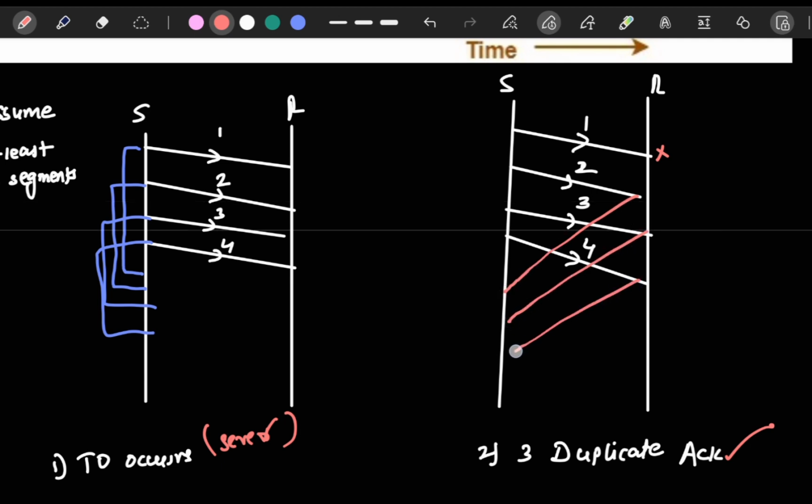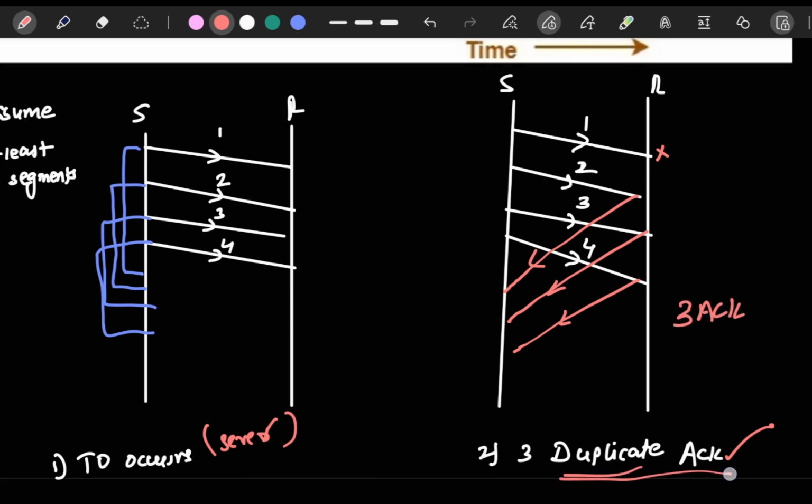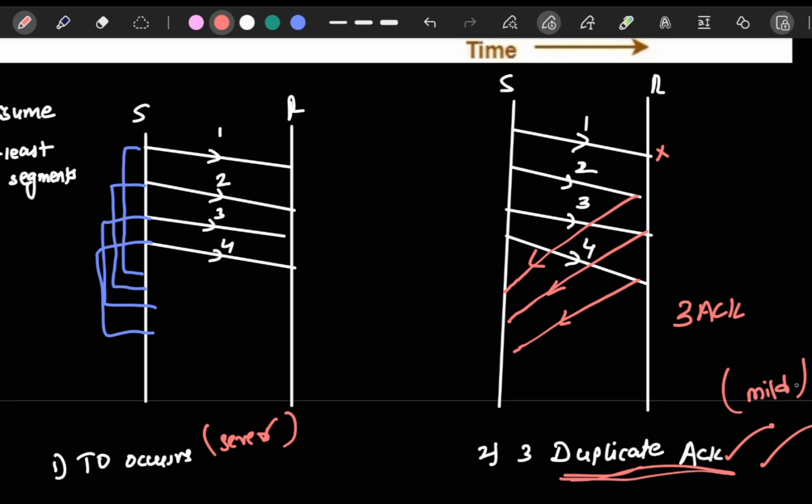So if you receive 3 packets, that means you will get 3 acknowledgements, right? This is what I am talking about, 3 duplicate acknowledgements. When you receive 3 duplicate acknowledgements, you can consider that the congestion is mild. It's not severe, it's mild.